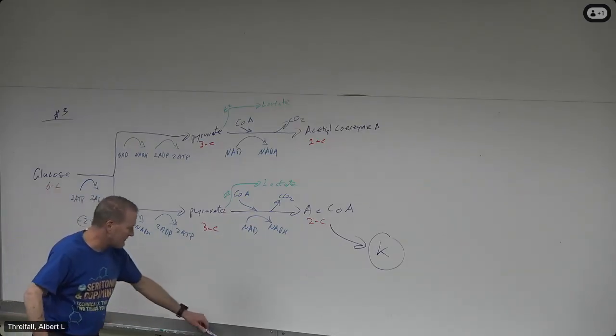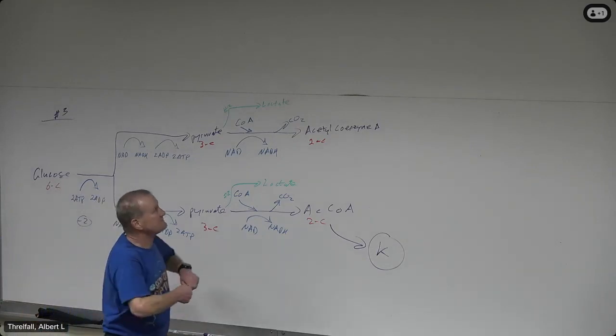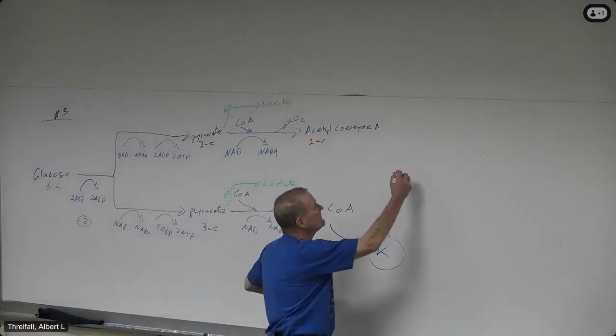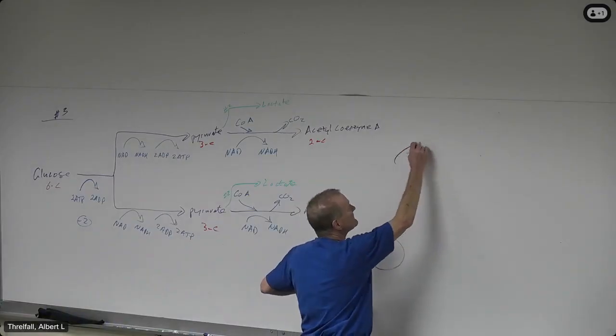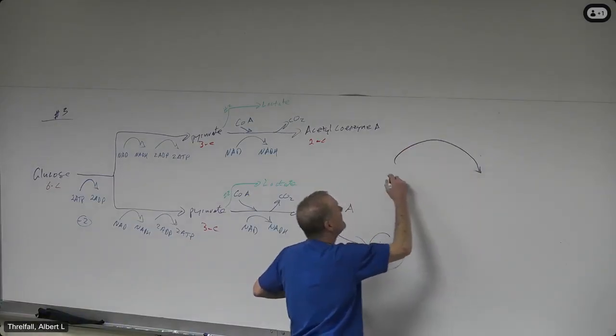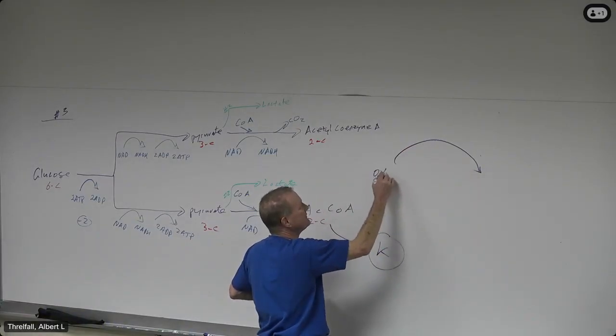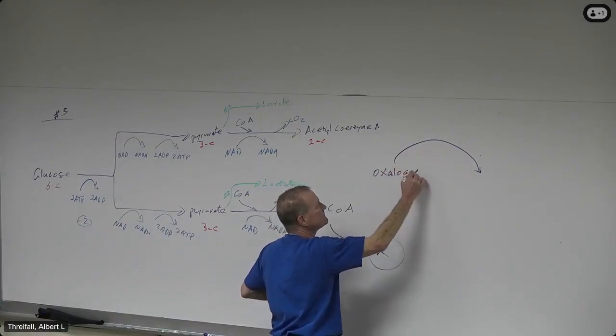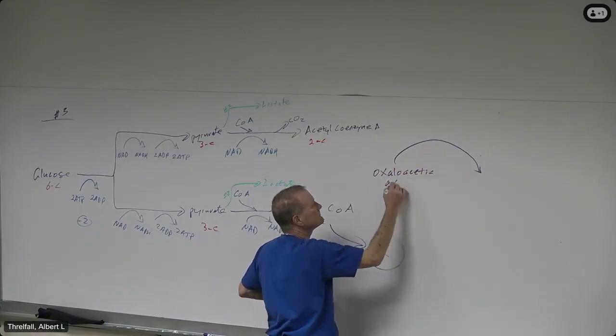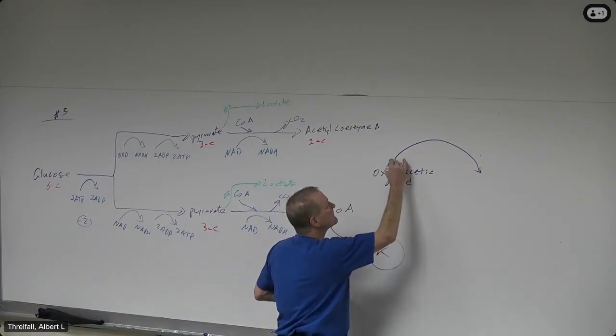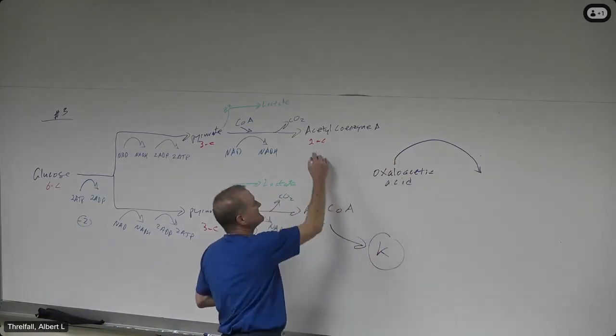So coenzyme A is going to connect oxaloacetic acid to acetyl.